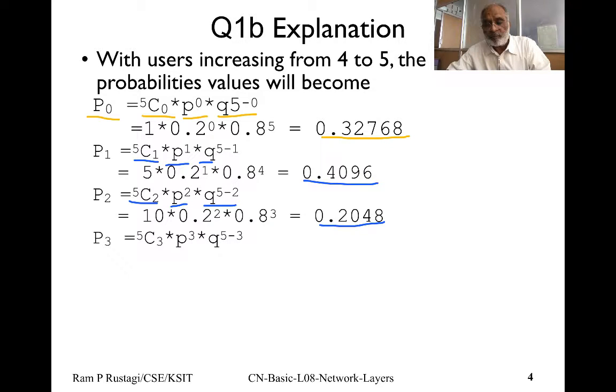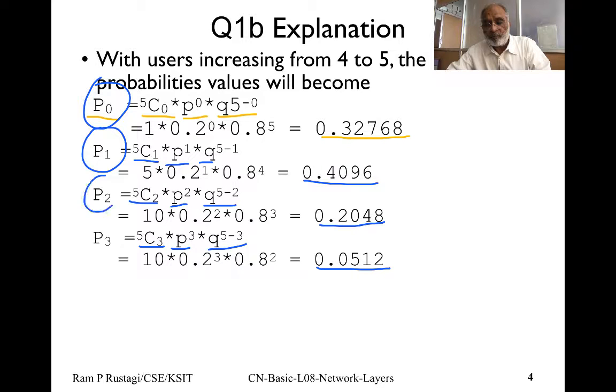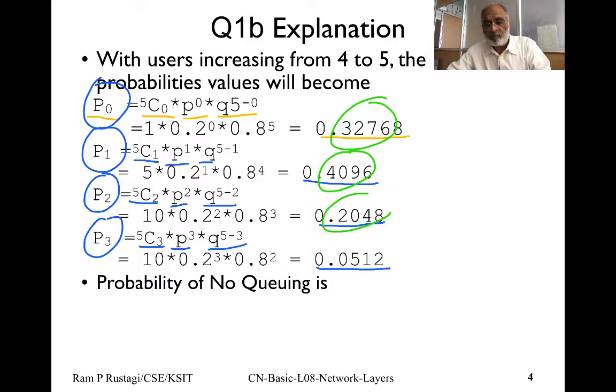Similarly, the probability of three users transmitting is 5C3, 0.2 raised to power 3, 0.8 raised to power 5 minus 3, which comes to 0.0512. So the probability of no queuing is when either 0 users or 1 user or 2 users or 3 users are transmitting. So the probability of no queuing is given by this. Sum them all up, and you get this answer.